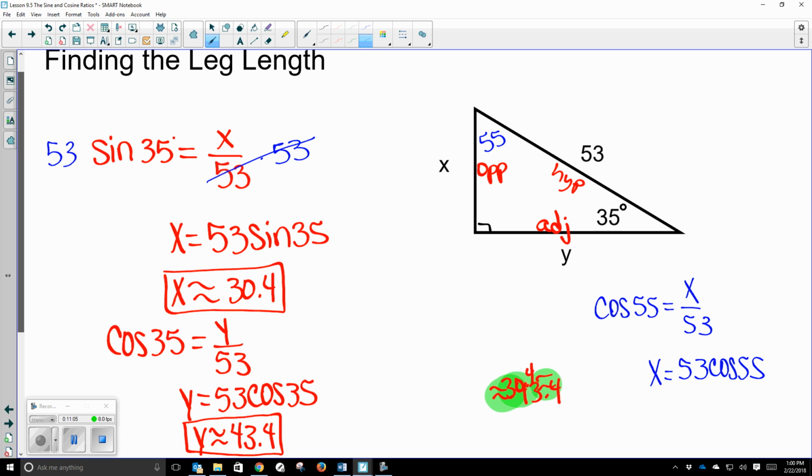And let me see if I get the same answer I got up here. So when I put this in my calculator, I get the same answer that I got there.